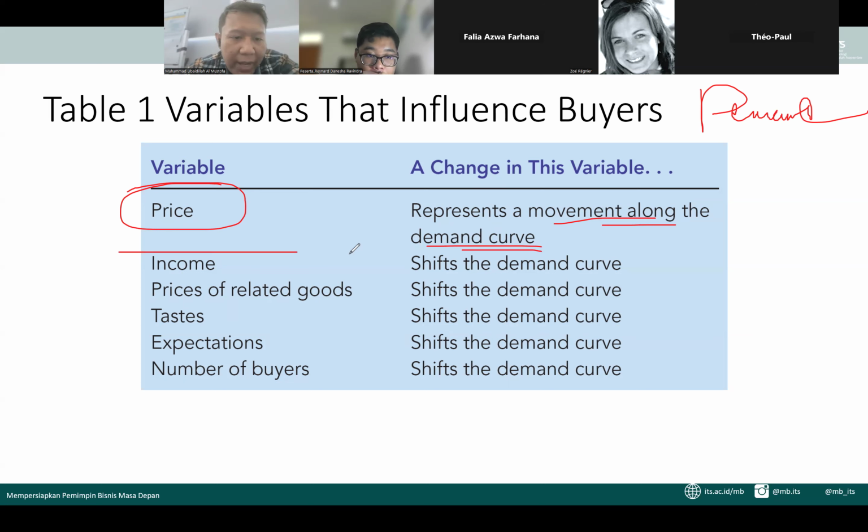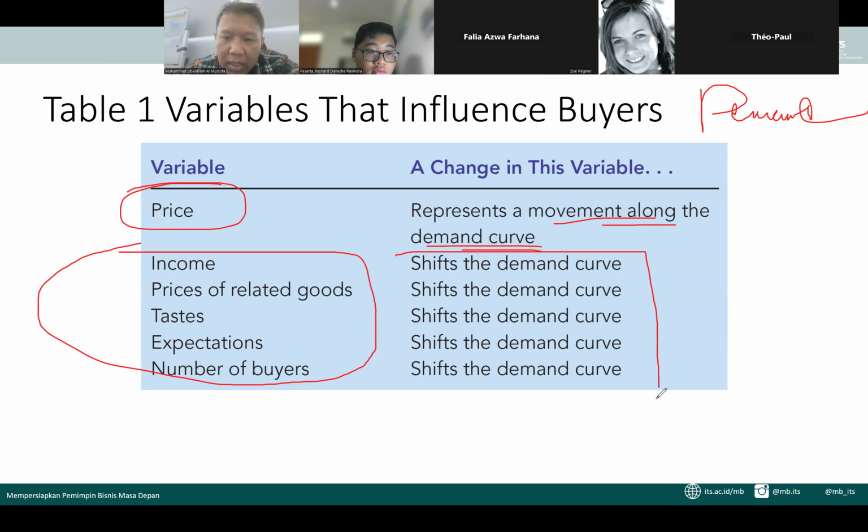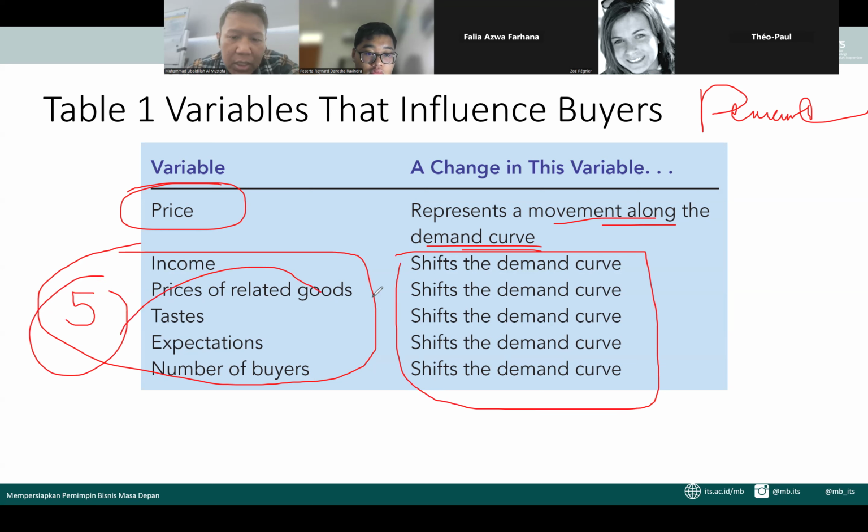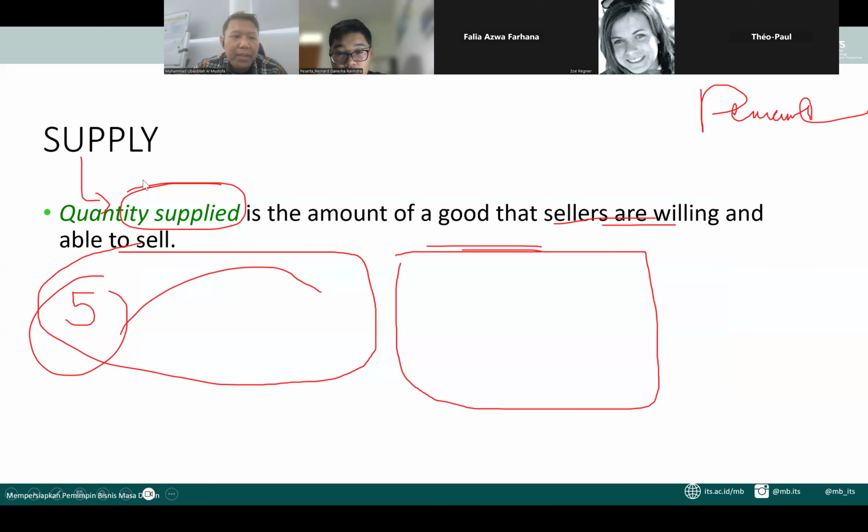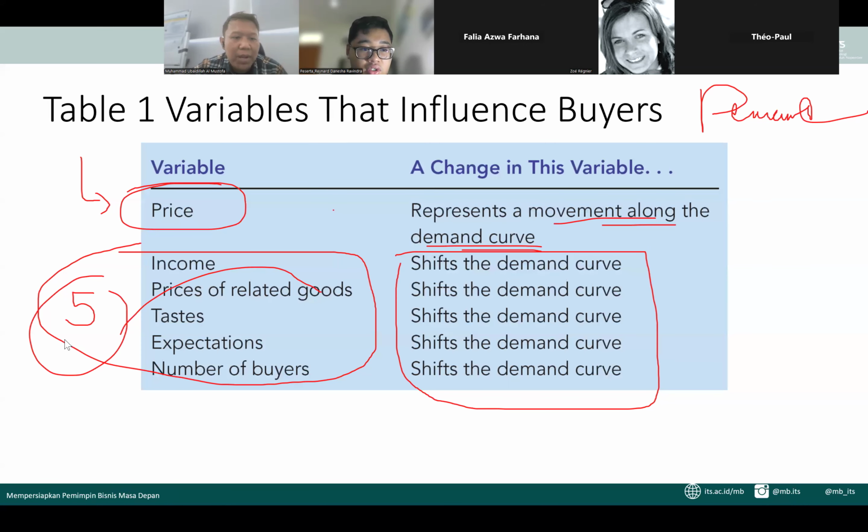While if we have income, price of related goods, tastes, expectations, number of buyers, we are going to see a shift in the demand curve. So the five aspects will lead to a shift of the demand curve, while a change in the price variable will represent a movement along the demand curve. Okay, so this is the summary for demand. Are there any questions before we move to supply?